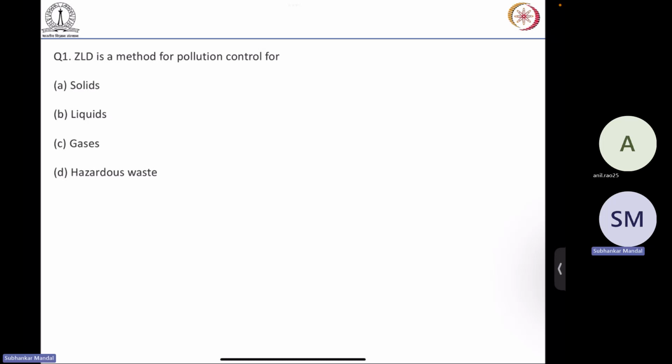Okay, I can see the chat box. This is basically zero liquid disposal. I think we already discussed this. If we did not remember, then I can recall all these things. Basically, this ZLD, zero liquid disposal, was apparently first born in the 1970s in the USA.